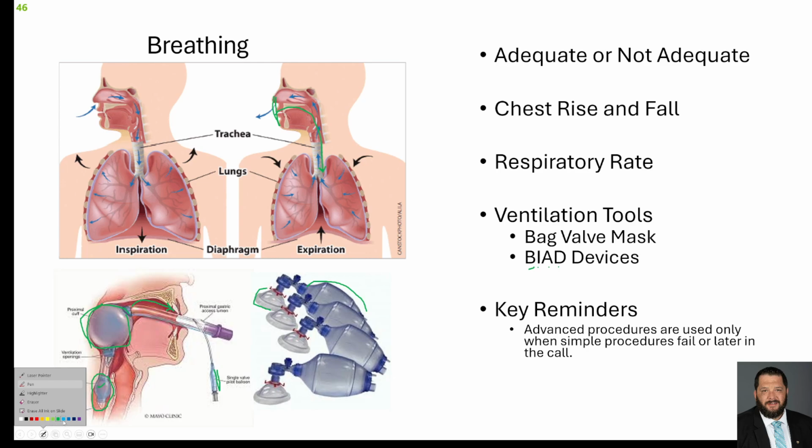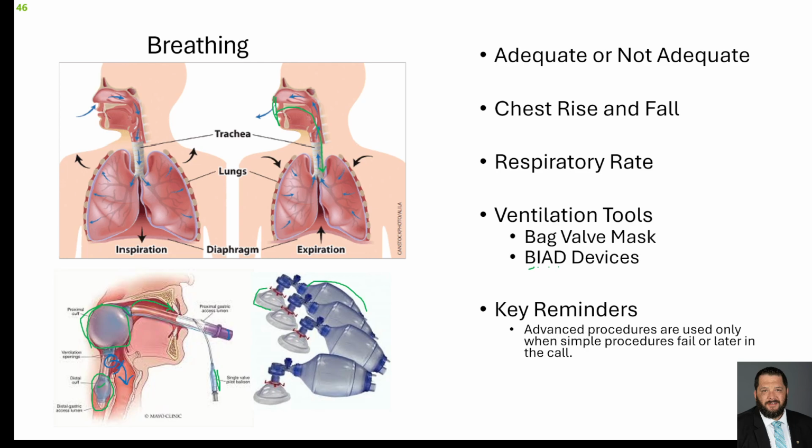Inside the King LT particularly, and the LMA is similar, as is the iGel, there is an opening right here where air is then ventilated directly into the glottic opening, right? So the epiglottis sits here, and it pushes air into the glottic opening. And so with this tool, you remove the bag valve mask's mask and connect the bag to this piece at the end.